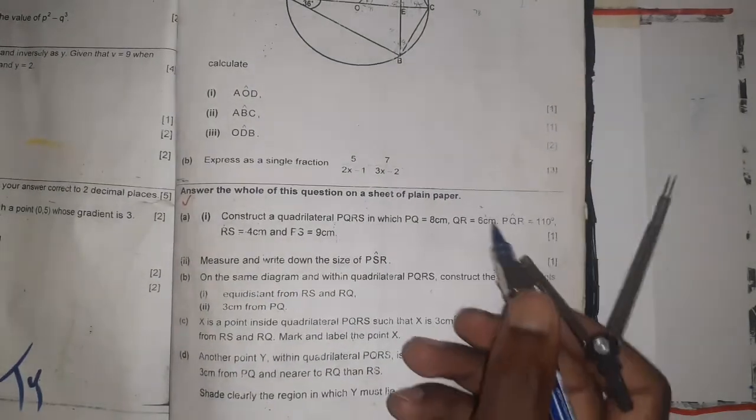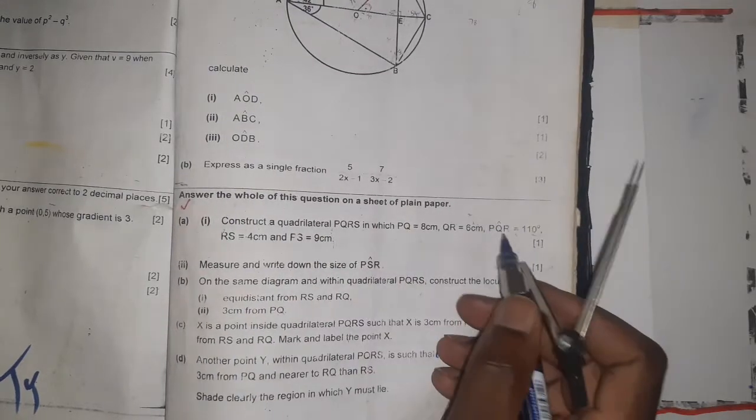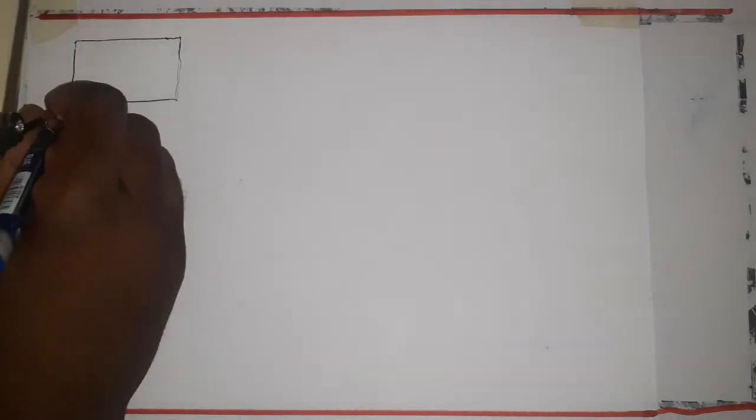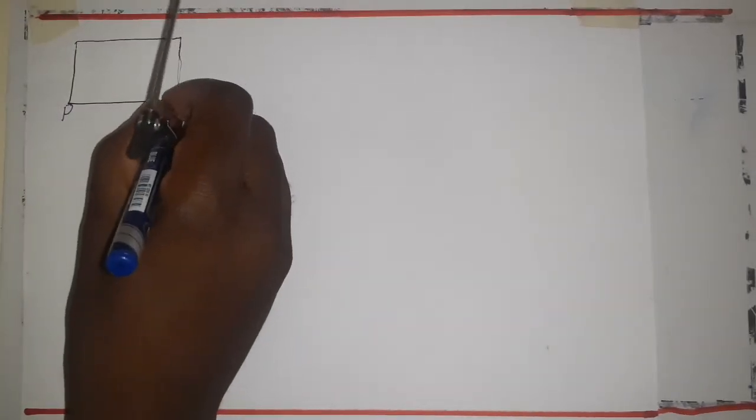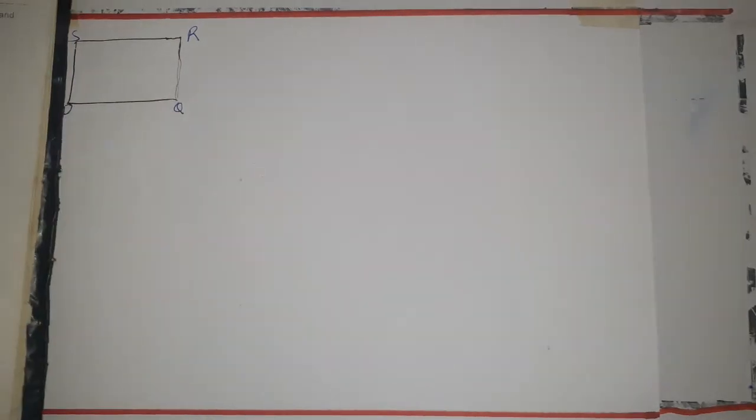Take note that if you've got one or two angles, the line that has an angle should always be at the base. So the angle is at Q. I'm going to call this PQRS. This is a sketch.